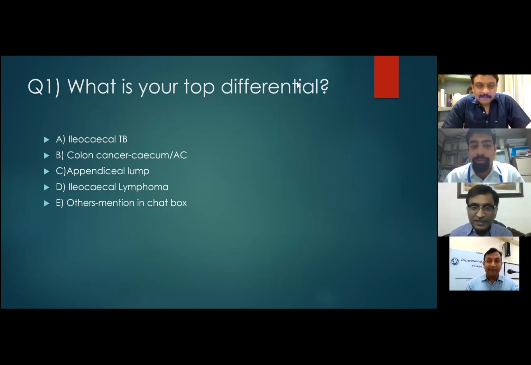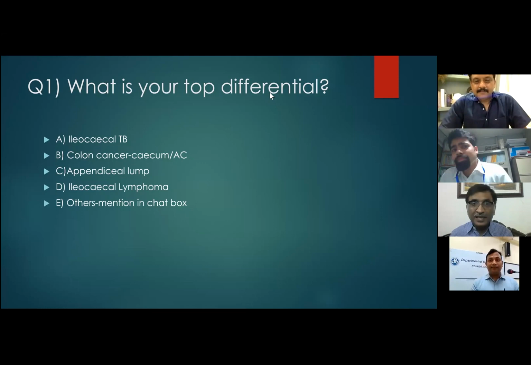We have a very interesting question coming from the audience. I know we have answered this question subsequently, but Arup can try to answer. The question is, can we keep GIST in the differential diagnosis at this stage?